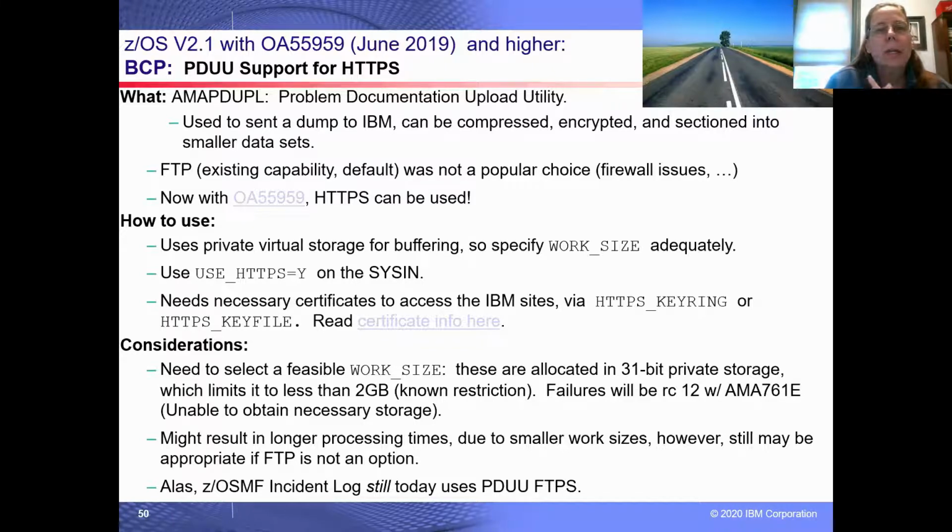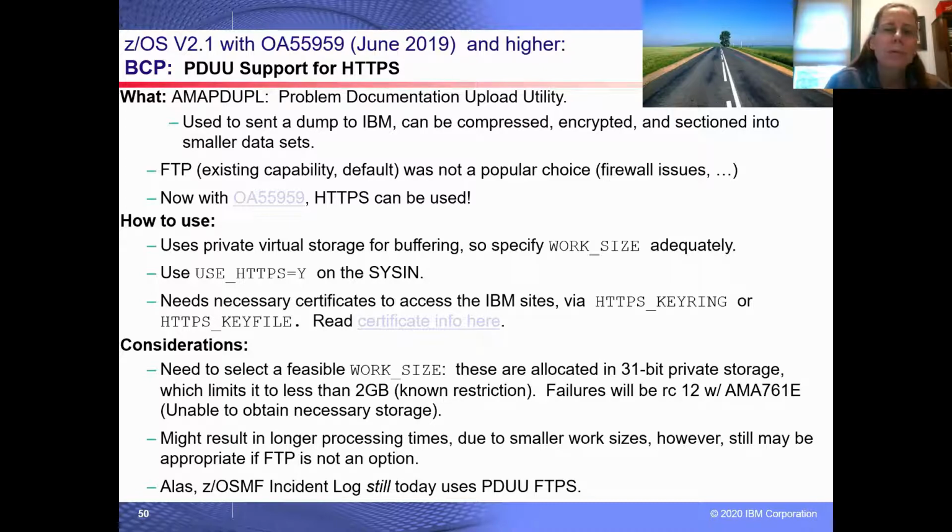All right, so the next thing I really liked, although I'm going to tell you honestly, we need more support for this one. But we do have something that I think is good. For the problem documentation upload utility, AMAPDUPL, this is the utility that you're going to use to send dumps to IBM.